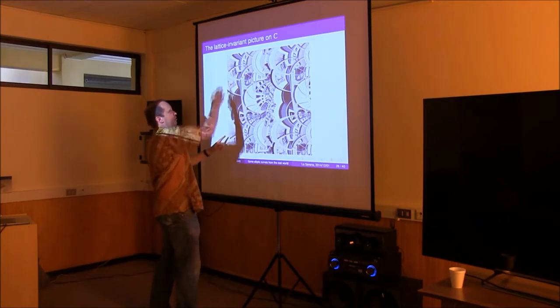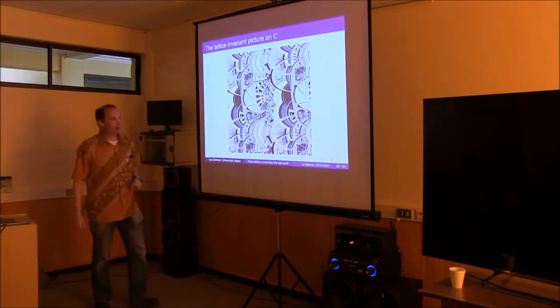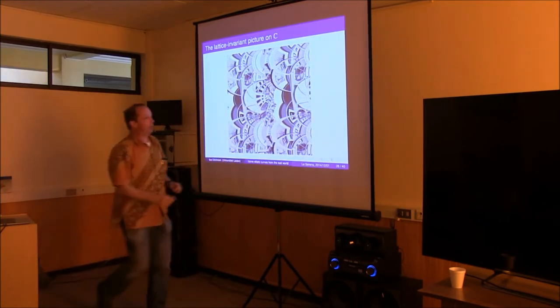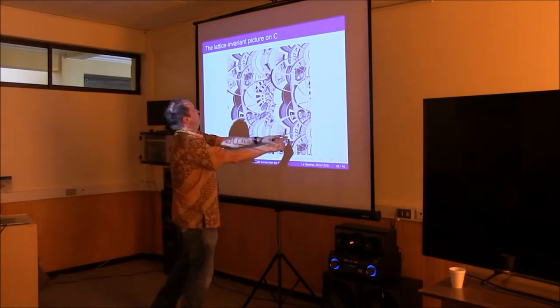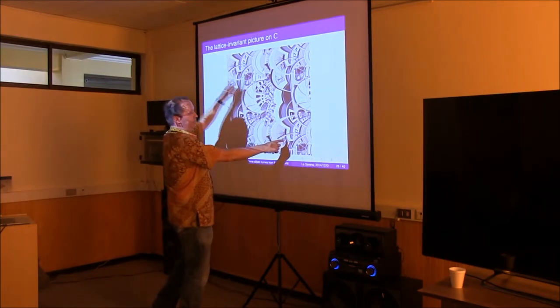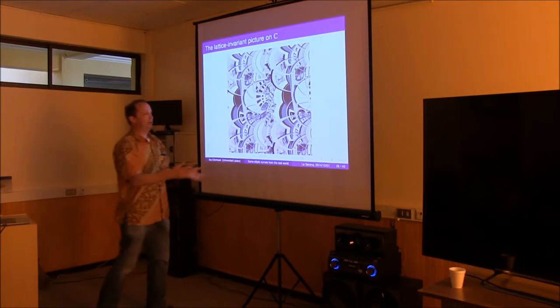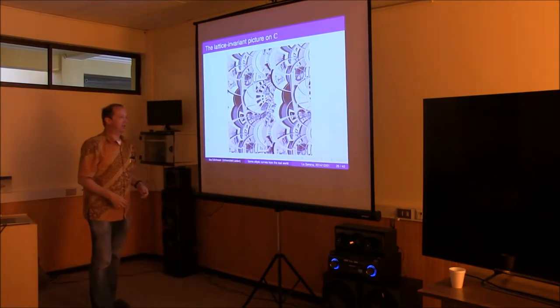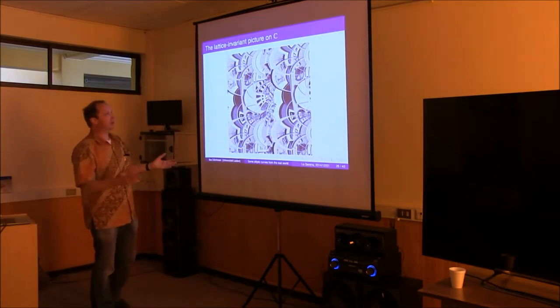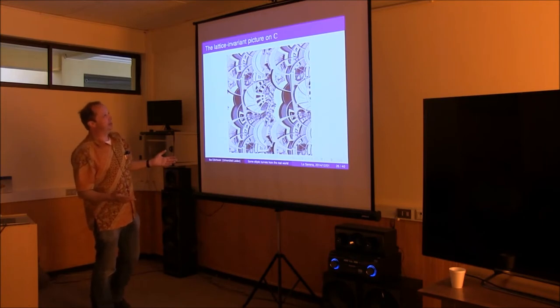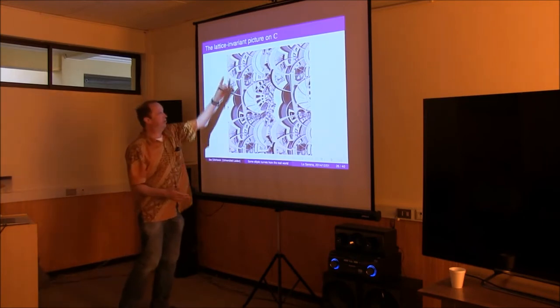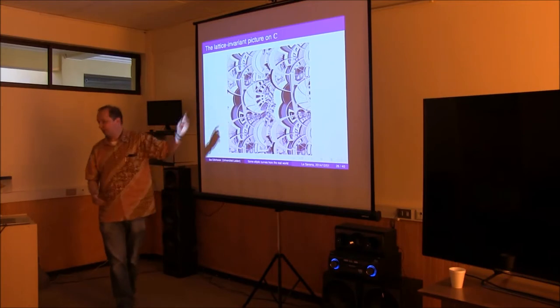It has the double invariance, right? And now what you do is you divide out by one that goes from here to here. If we want to go back to the straight picture, then we divide out by the vertical one, that is the 2 pi i Z with the exponential map.